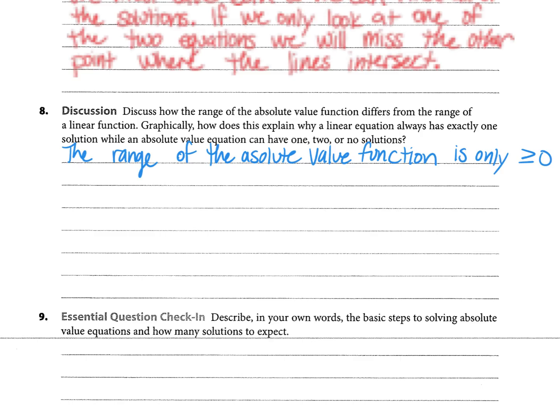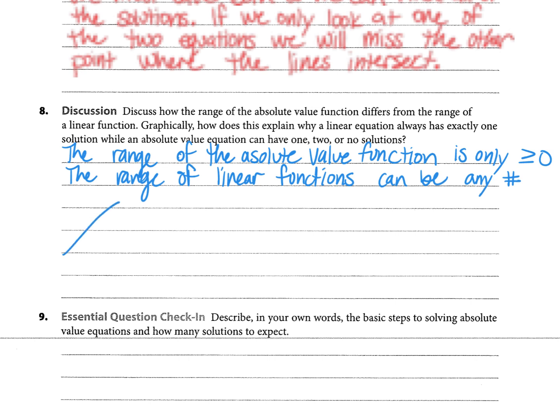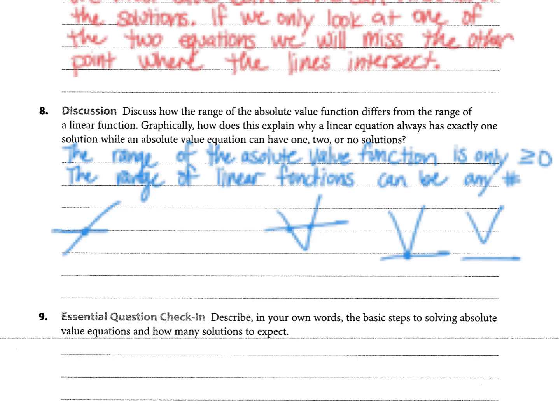A linear function, on the other hand, can have negative and positive outputs. So in a graph, a linear function only crosses a number in one place, but an absolute value function can cross in 2 spots, 1 spot, or no spots.